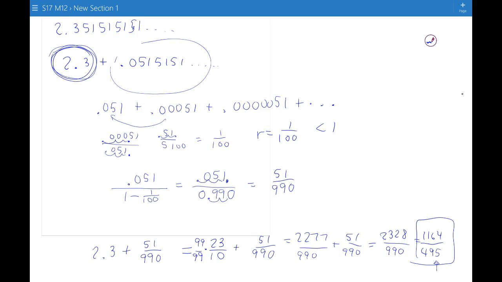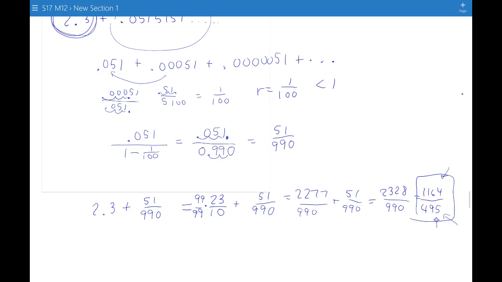So you can ask your calculator if you can keep going. And maybe you can. There's a 3 in here and a 3 in here. So let's do 1164 divided by 3. That's going to give me 388. Your calculator will probably do this faster. 495 divided by 3 is 165. Now I think we're reduced as much as we get.